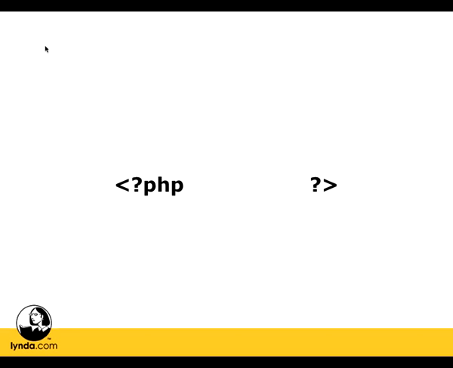And we do that by telling it, okay, turn on PHP. And we do that with the <?php. Start filtering with your PHP filter. And when we're done with all of our PHP commands, we put ?>.